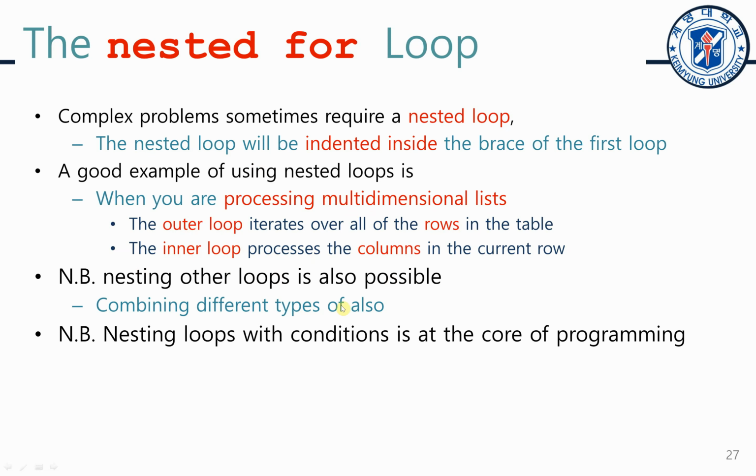We can combine 2 or 3 loops or loop types. For instance, we can combine while loops with for loops, or do while loops, or we can combine conditions with loops.